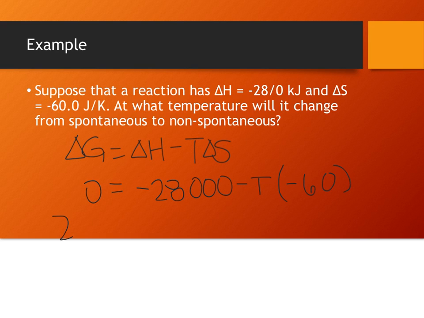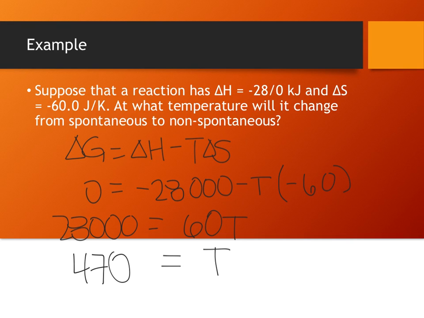So that gets us 28,000 is equal to 60 T. That means our temperature will be at 470 Kelvin. So there you go.